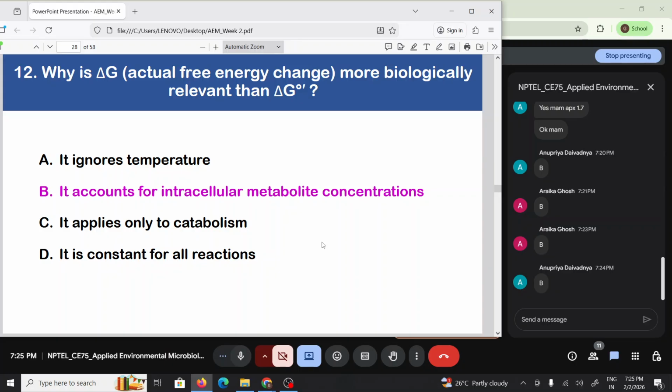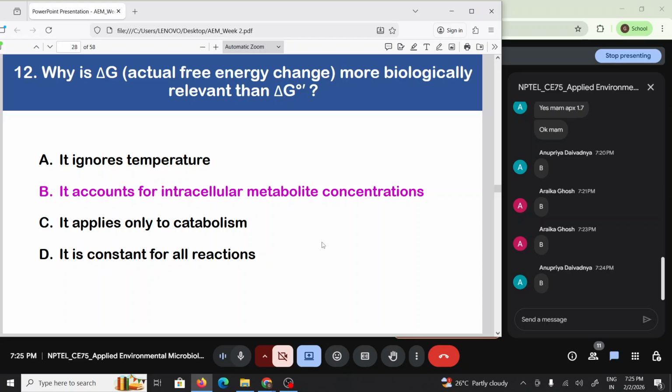So when we talk about biological systems, we are not going to have biological reactions happening only at the standard conditions, especially the condition of having 1 molar concentration of the reactants and products is not going to work out with the biological system itself.